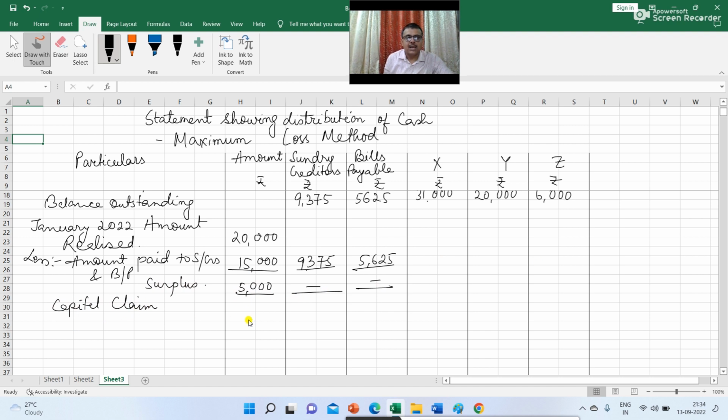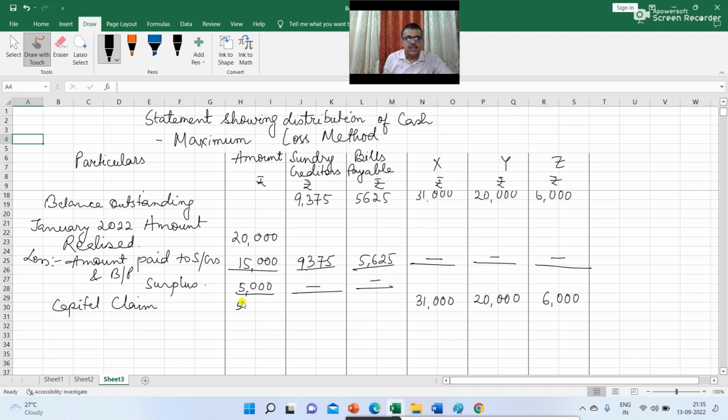So capital claim of partner X is 31,000. So you can say that from this 15,000 nothing was paid to the partners. So capital claim after payment of this 15,000 to creditors and bills payable for X is 31,000, 20,000 is the capital claim of Y, and 6,000 is the capital claim of Z.